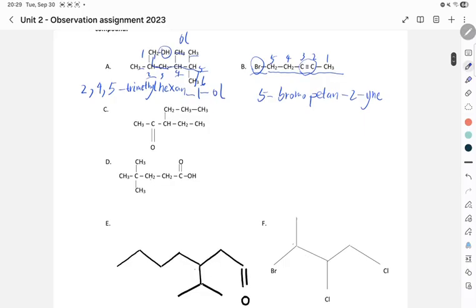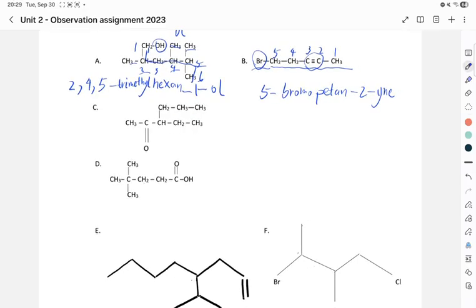And for C, we need to identify the parent chain first. It contains the functional group, the ketone here, which connects with 2 carbons. So let's identify the parent name. Number it 1, 2, 3, 4, 5, 6.